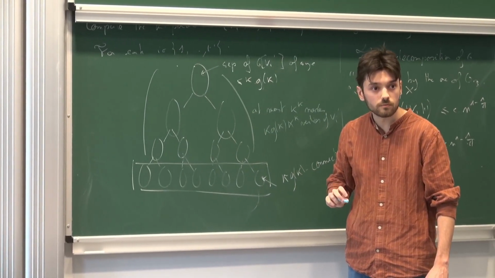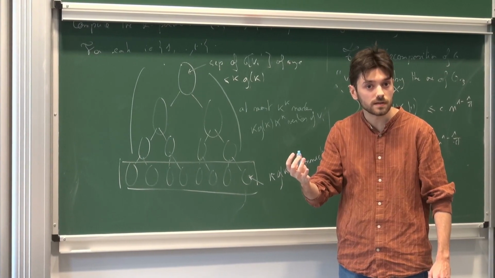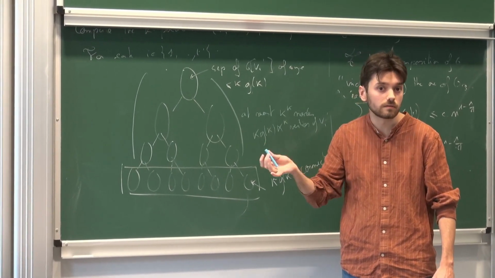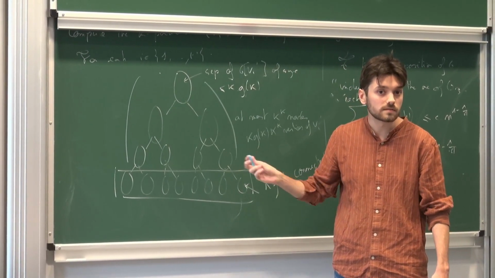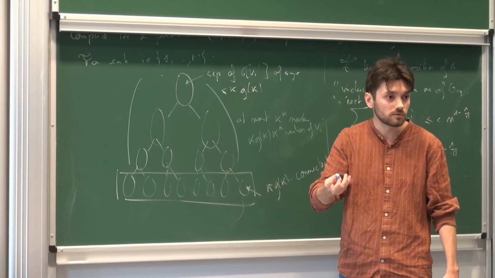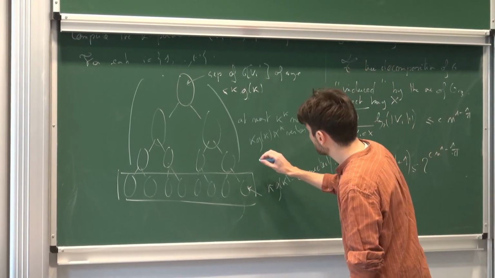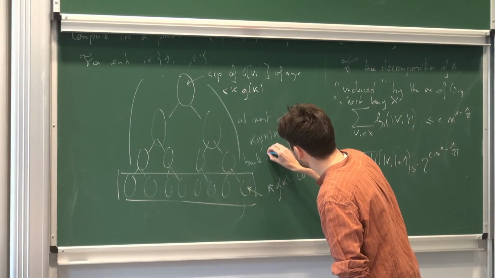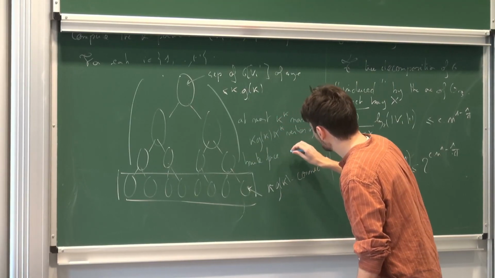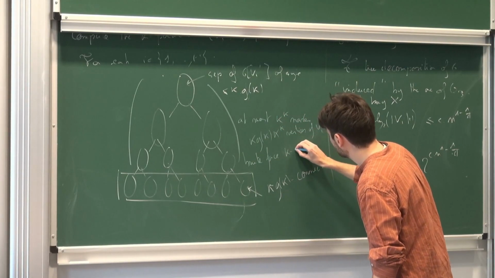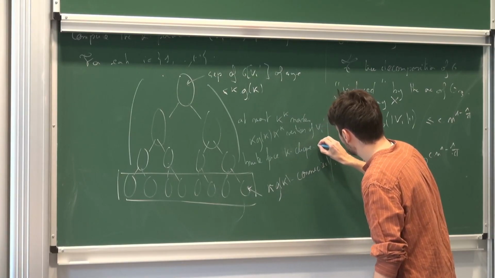And so what we can do is brute force the clique partition inside. We know that inside there is a clique partition, and since this part is small, I can brute force the clique partition into kappa cliques.